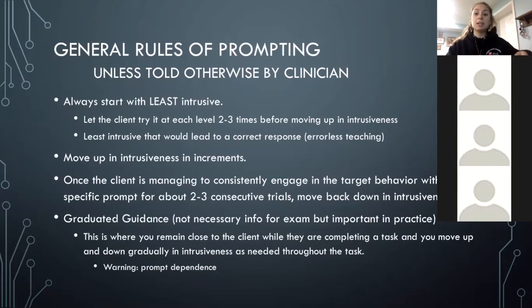Maybe this time I'll give a partial physical prompt where I just nudge him in the right direction. And maybe he's getting it 2 or 3 times. Then I'm going to move down again to a nonverbal prompt, give him about 2 to 3 times with that one, and then we're going to shoot for the independent one. Okay? So our key number is about 2 to 3 times before you're moving up or down in intrusiveness of prompting.